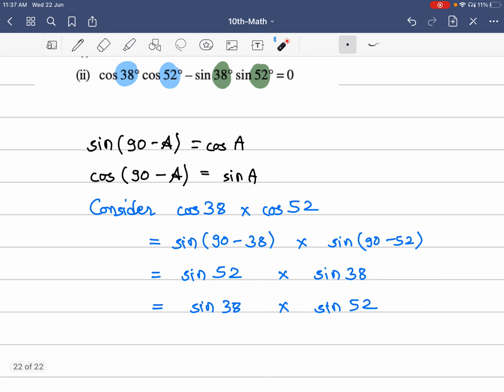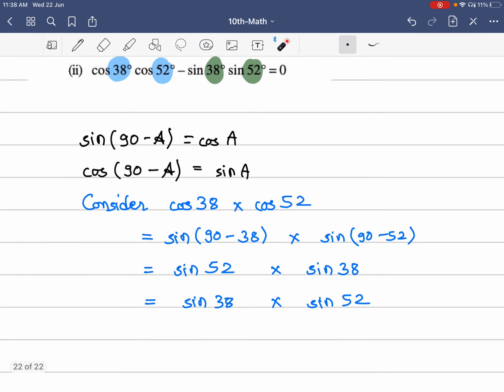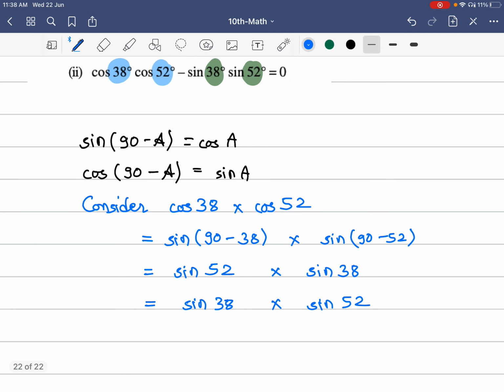Now let's substitute this over here. I'm going to do this substitution for this term. As you can see, cos 38 cos 52 is equal to sine 38 into sine 52.